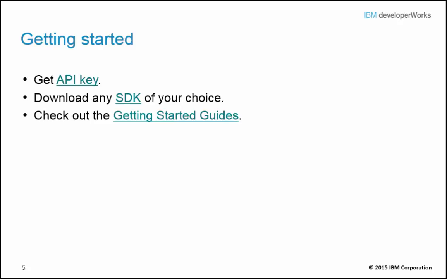To start using Alchemy APIs, please register for the API key. Alchemy API can be used with Java, Node.js, C, C++, C#, Perl, PHP, Python, Ruby, and Android OS.